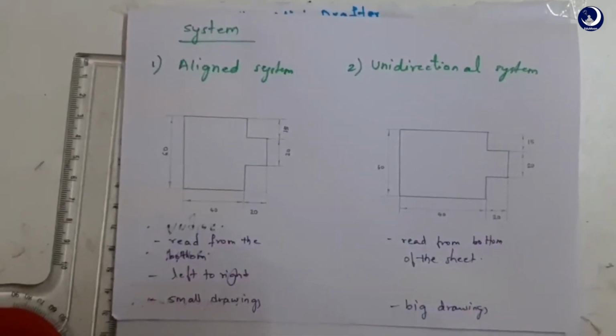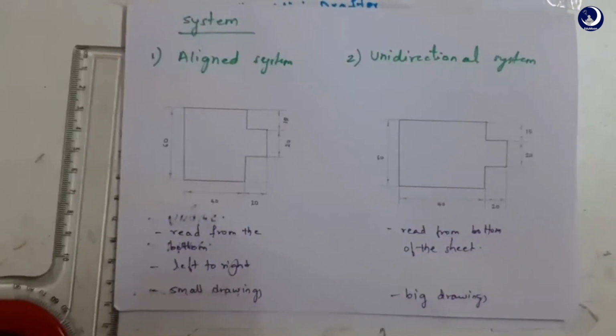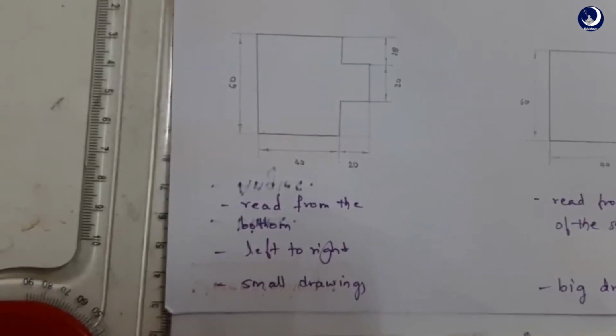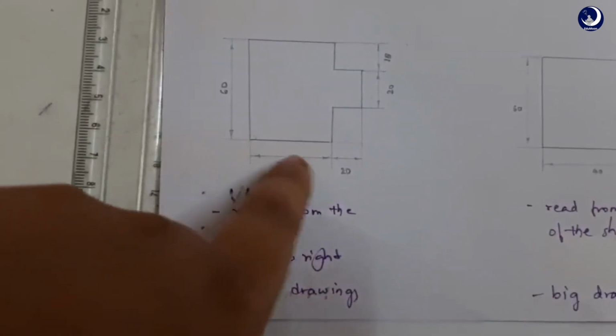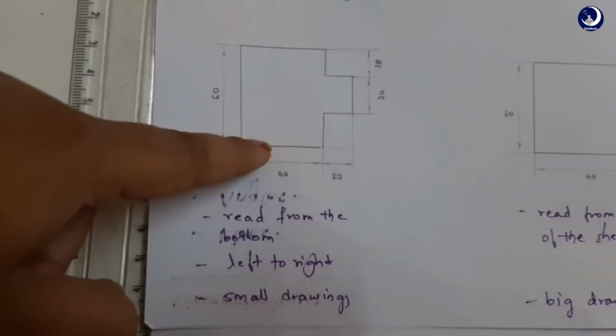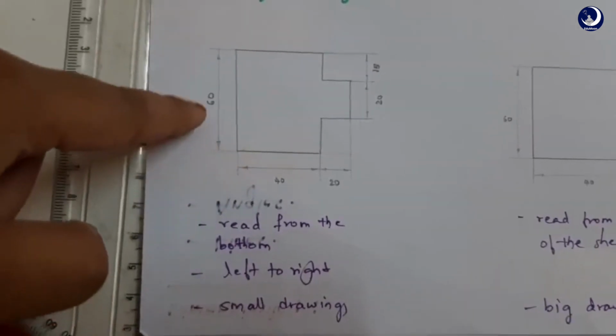There are two systems of dimensioning: aligned system and unidirectional system. In aligned system, the dimensions that represent the horizontal lines are read from bottom to top, and the dimensions that represent the vertical lines are read from left to right.